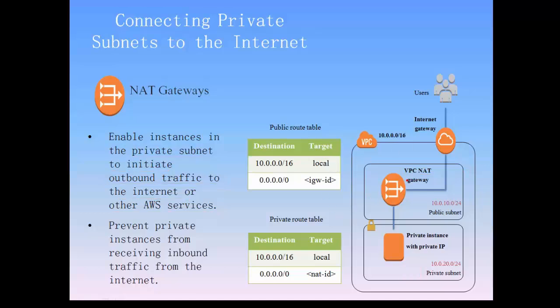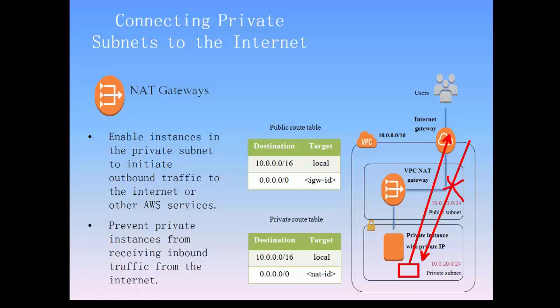So with the help of the NAT gateway, we can allow any outbound traffic from here for the internet or any other AWS service, but no inbound traffic is allowed.